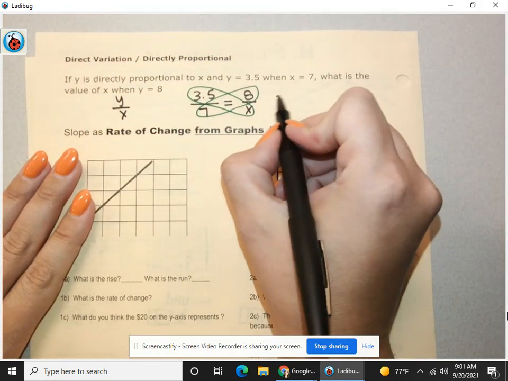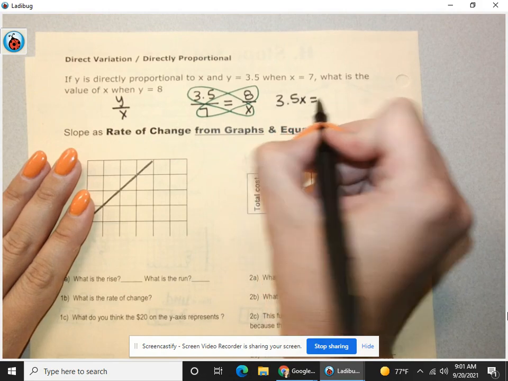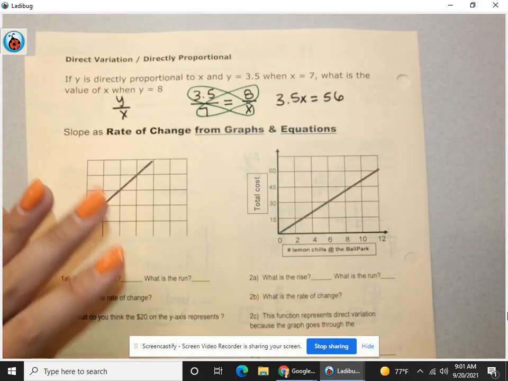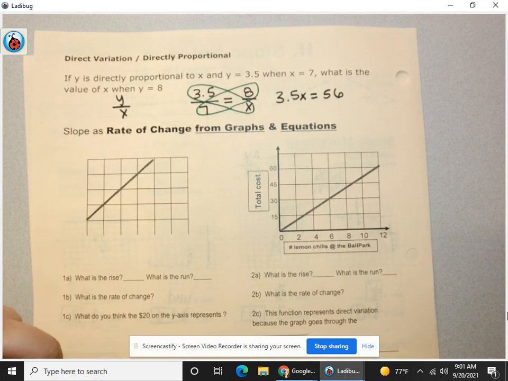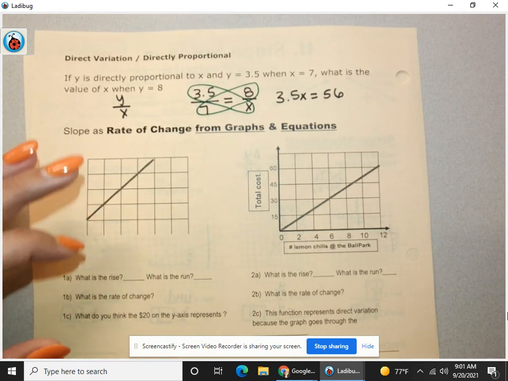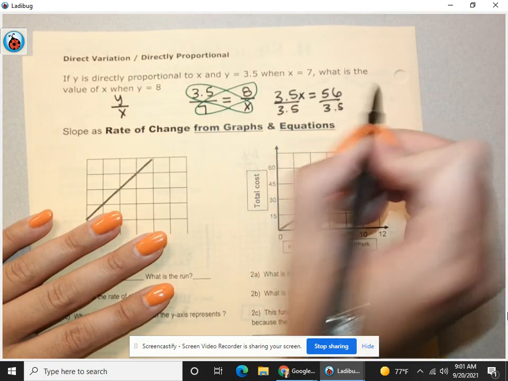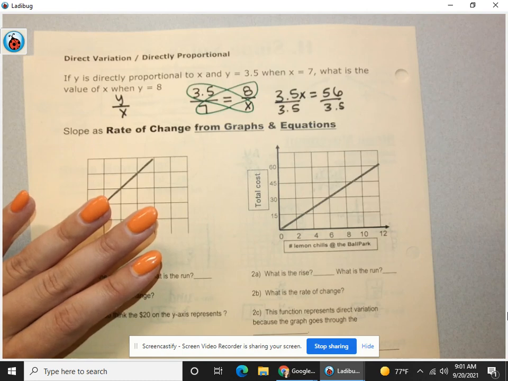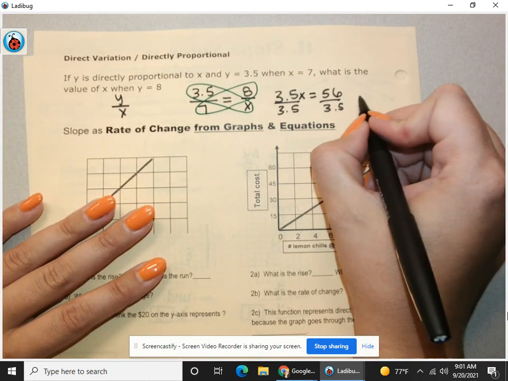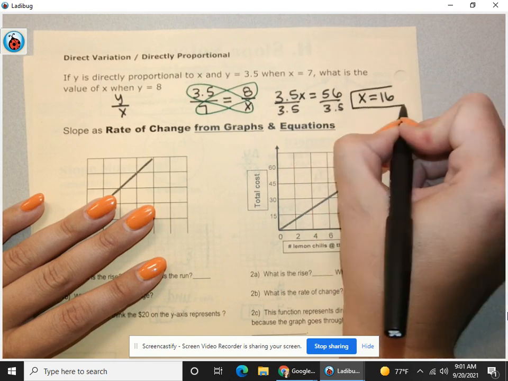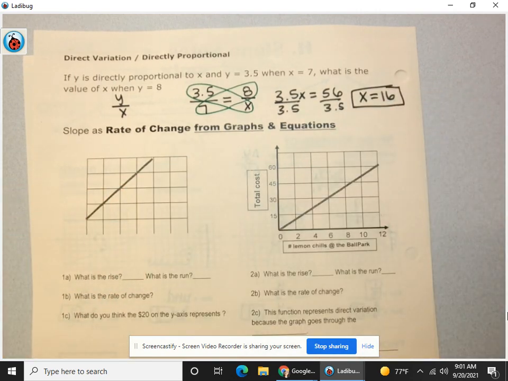So I get 3.5x equals 56, and I just solve for x. So how would I do that? Divide by 3.5. So 56 divided by 3.5 is 16. And that's it. You will have some more problems like this, but I figured this was just a reminder on how to do it since we've done this before. Any questions?